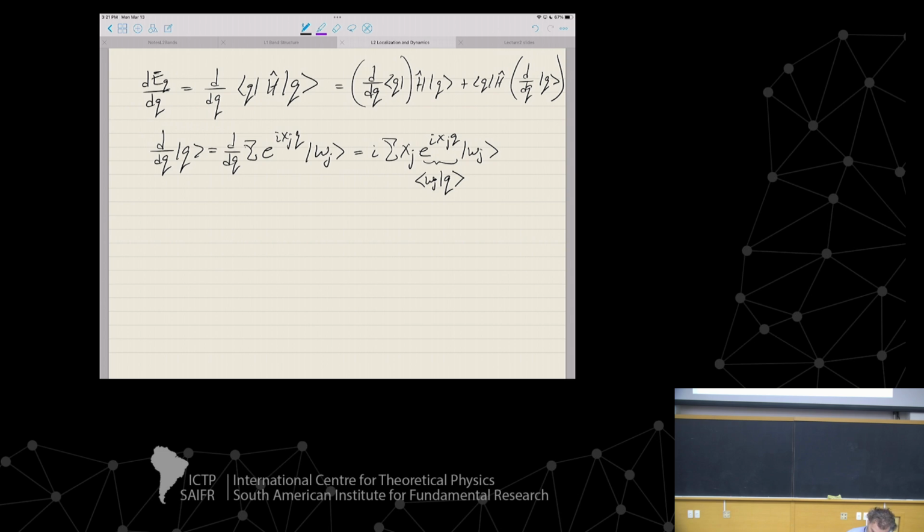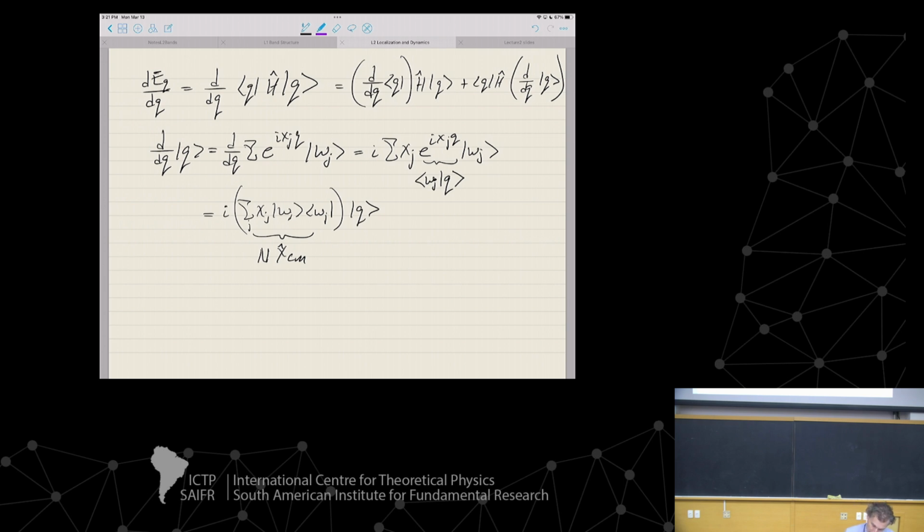And so this is then i times the sum like this times Q, and this is what I defined earlier as the center of mass operator. So if I take the Q derivative of the Bloch function, I get one of those center of mass operators.